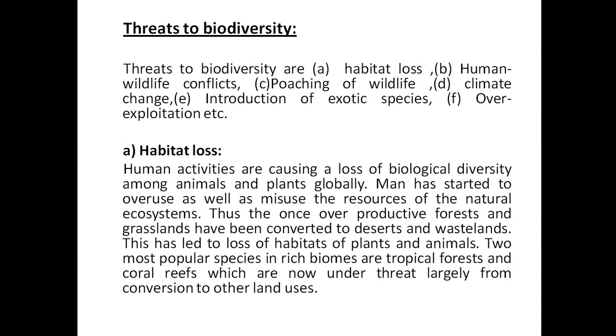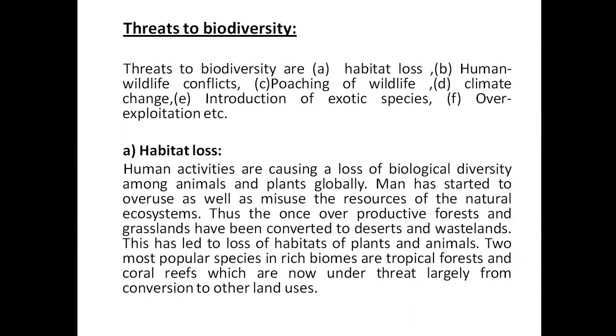So let us consider habitat loss. Human activities are causing a loss of biological diversity among plants and animals globally. Man has started to overuse as well as misuse the resources of the natural ecosystems. Thus, the once overproductive forests and grasslands have been converted to deserts and wastelands.